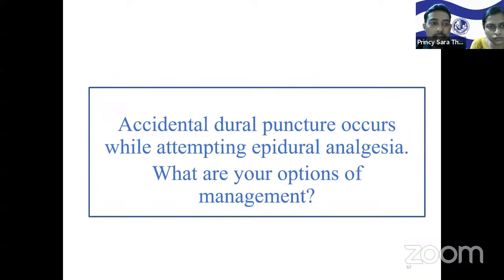But if accidental dural puncture occurs in early stage of labor, one option is to make it a combined spinal epidural, giving hyperbaric local anesthetic into the subarachnoid space and putting an epidural catheter through another space. The second option is continuing with epidural analgesia by placing an epidural catheter from another space. And the third option is continuous spinal analgesia by placing the epidural catheter in the subarachnoid space. But we don't practice this routinely in our institution because of its possible hazards.